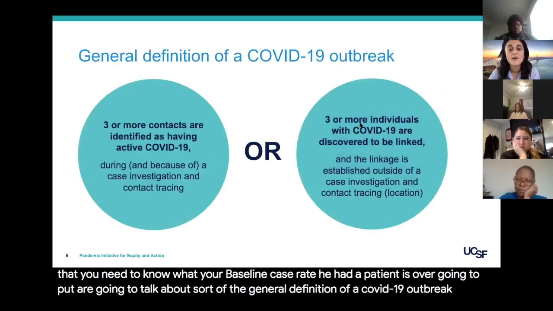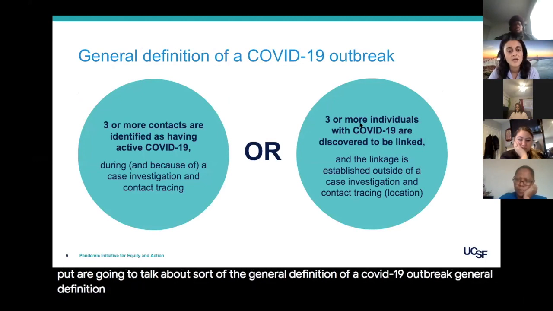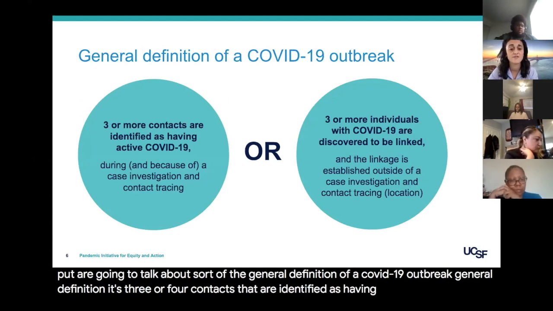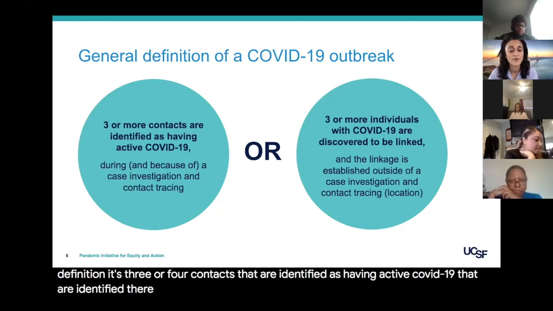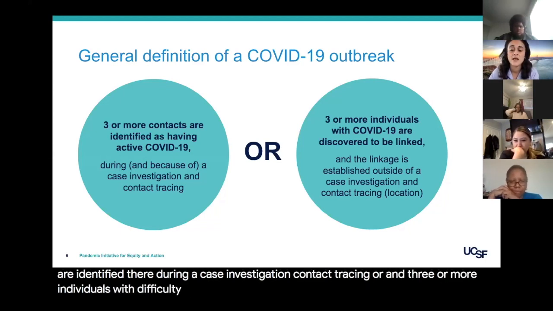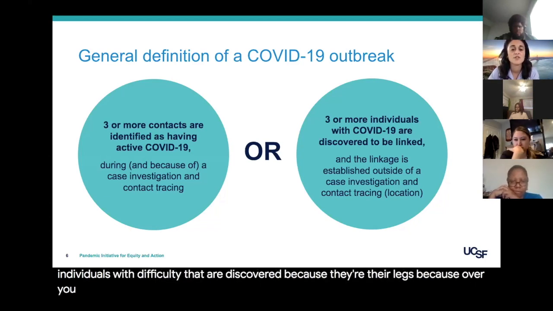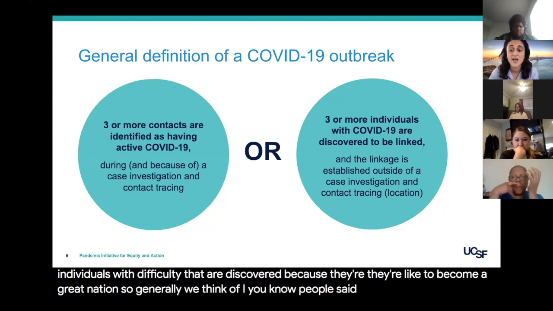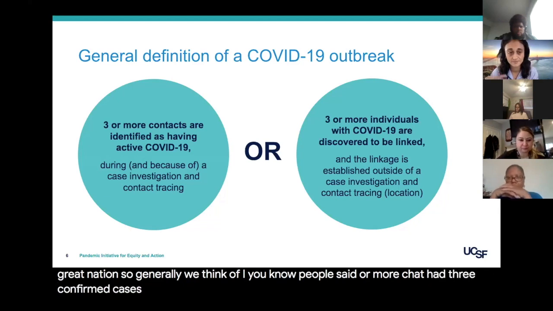The general definition of a COVID-19 outbreak is 3 or more contacts that are identified as having active COVID-19 that are identified either during a case investigation or contact tracing, or 3 or more individuals with COVID-19 that are discovered because they're linked because of a particular location. So generally we think of, as people said in the chat, 3 confirmed cases in a particular location.